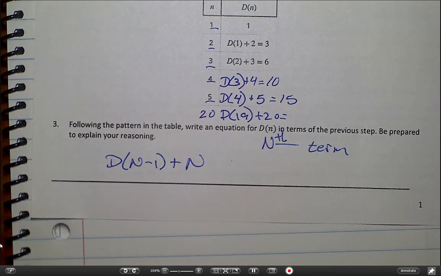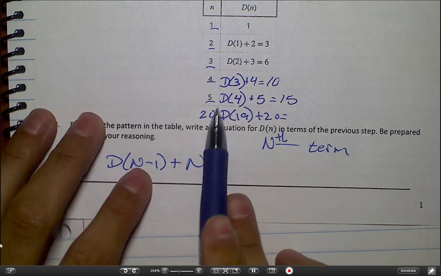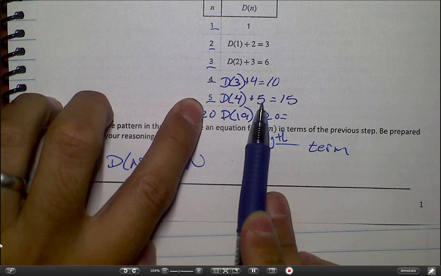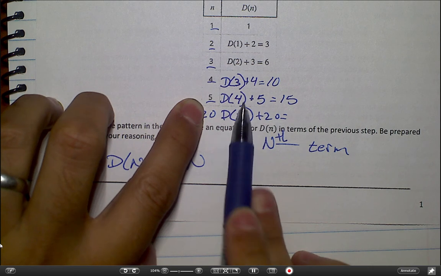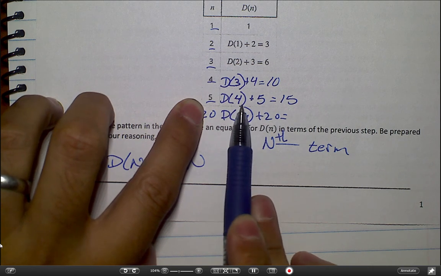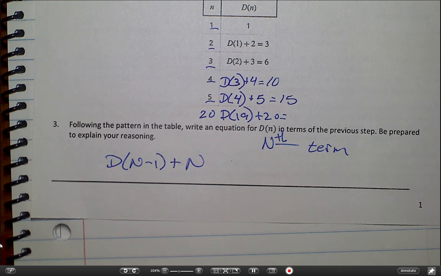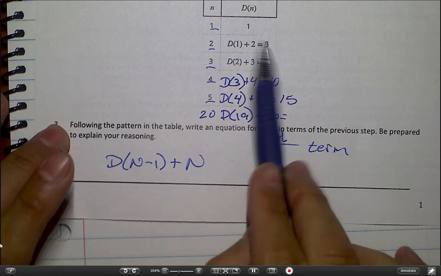Exactly right. Because if you notice, whatever term it was, that's how much we were adding, right? But didn't we add the D from the previous term? It's the function of what we have from previously.